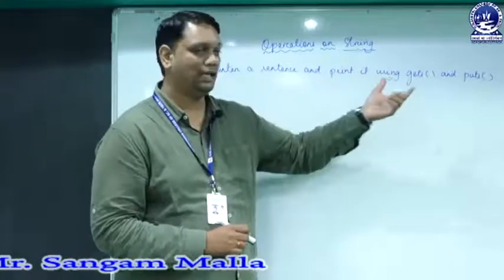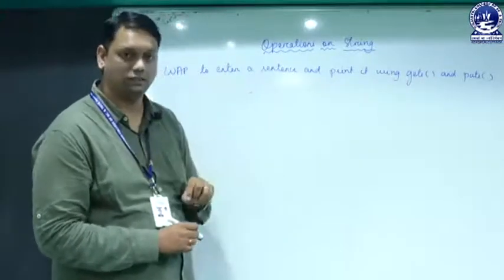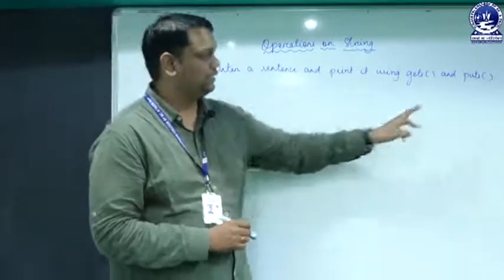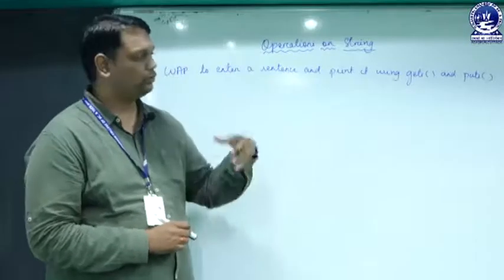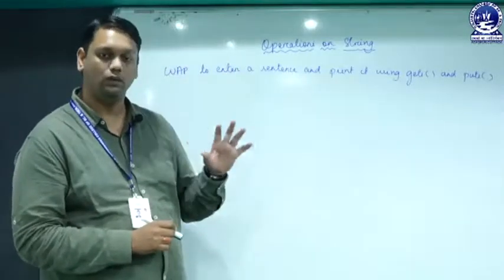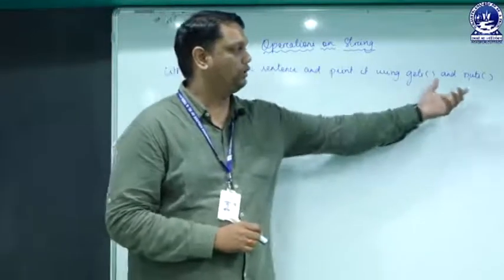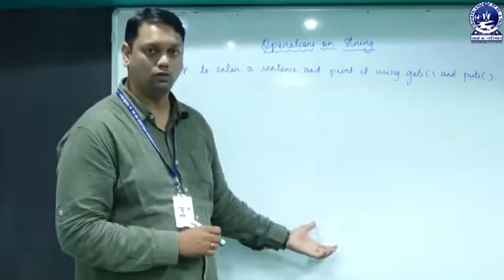The gets function has the ability to accept a sentence having blank spaces in between. Similarly, the puts function is the replacement of the printf function. Without writing the format specifier or the syntax of the whole printf function, we can simply use the puts function. So now let's move on to the program.